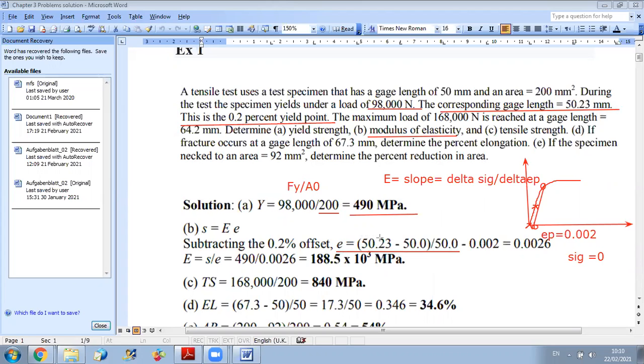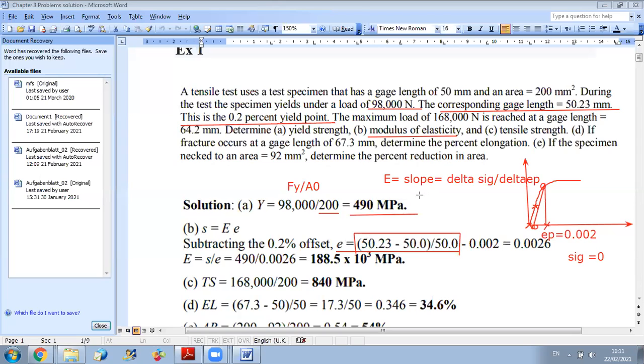So it's 50.23 minus 50 over 50. Then we get this number, which represents epsilon at the yield point. So if I do the projection on the epsilon axis, this will give me the value of epsilon at yield.